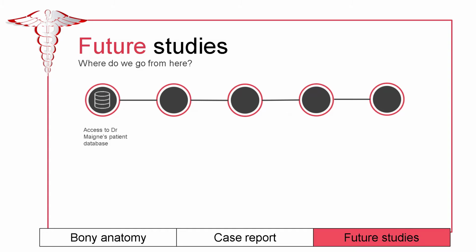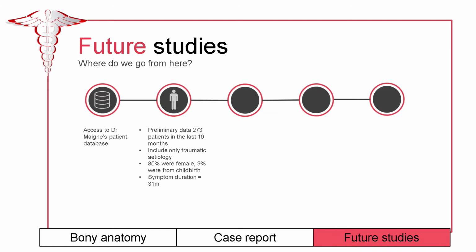So I'm currently still working with Dr. Main, and Dr. Foy is advising on this. I've got access to Dr. Main's database, and with preliminary data, in the last 10 months we've had 273 patients, and we've only included the traumatic patients, and 85% of them were female, but I didn't put it here.